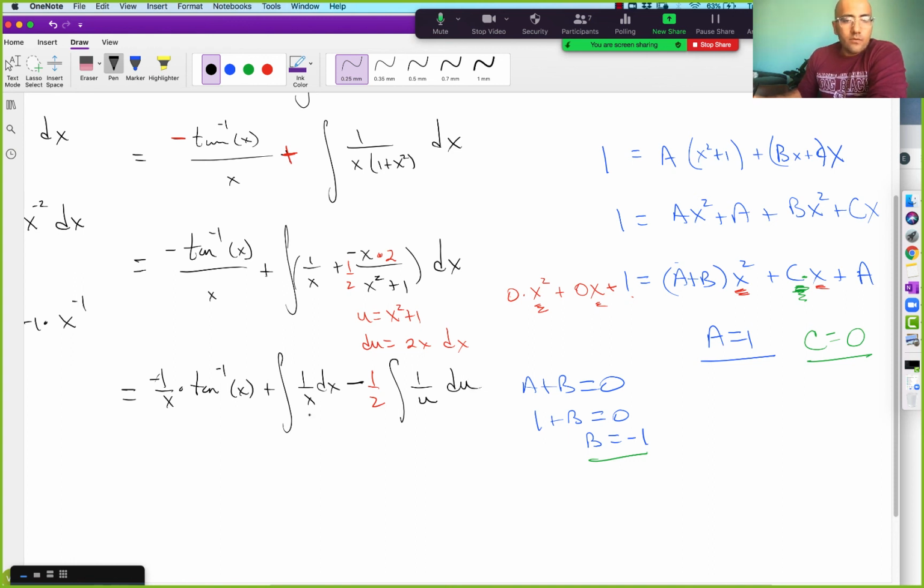Good. So these are actually very similar. And so this is negative 1 over x tangent inverse of x plus ln of absolute value of x, minus 1/2 ln absolute value of u, plus a constant.